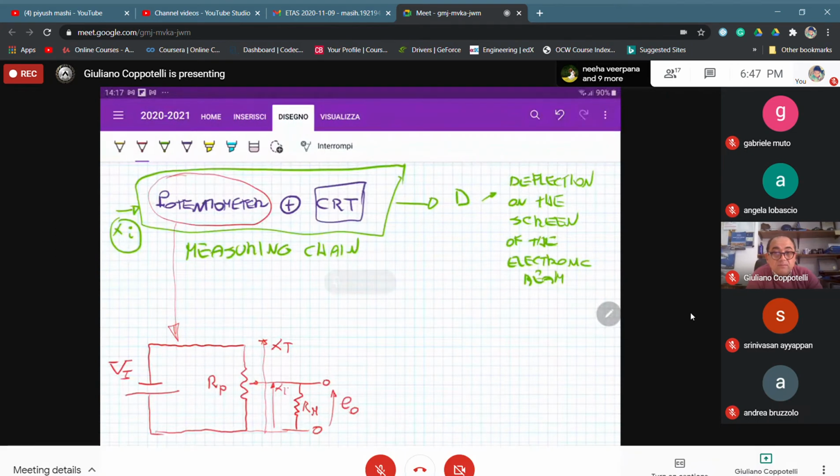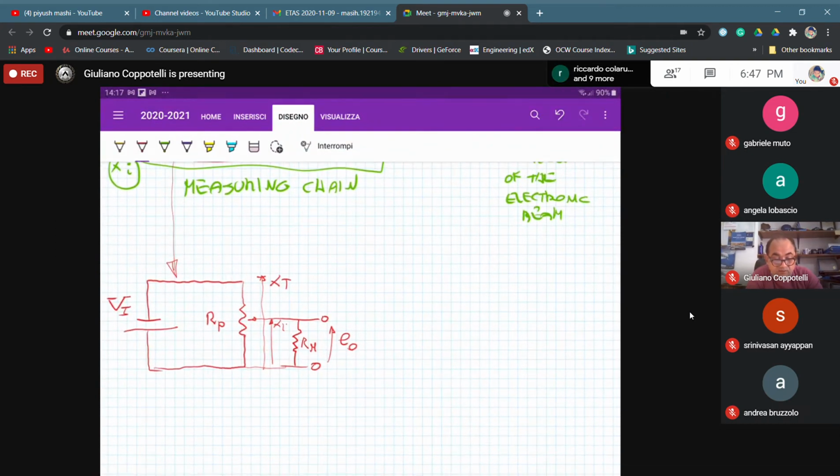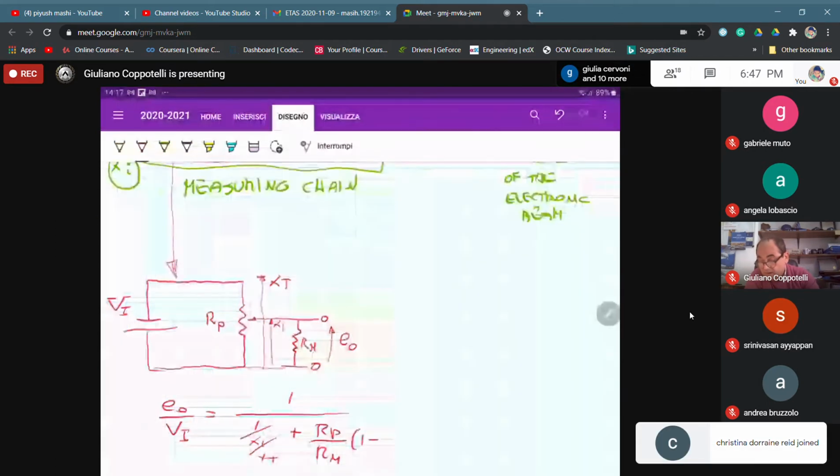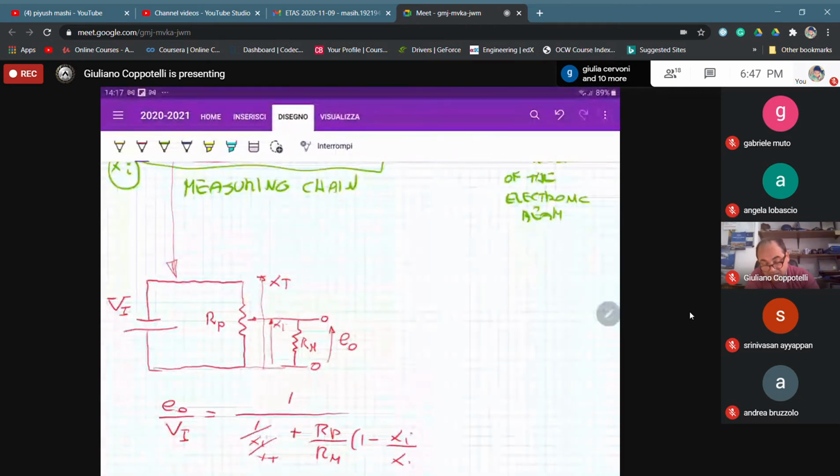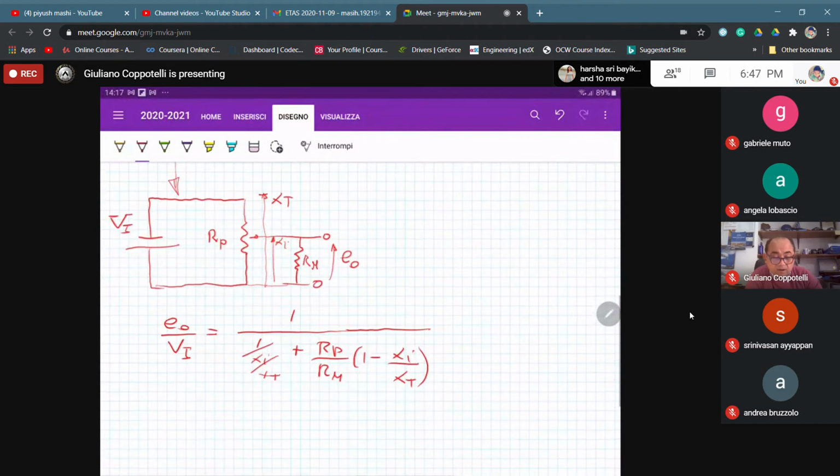And if you remember, the overall relation between your output and your input tension is given by this very annoying relation, xi over xt, plus Rp over Rm times (1 minus xi over xt). We had a lot of discussion about this equation.